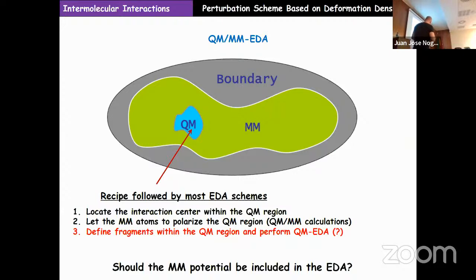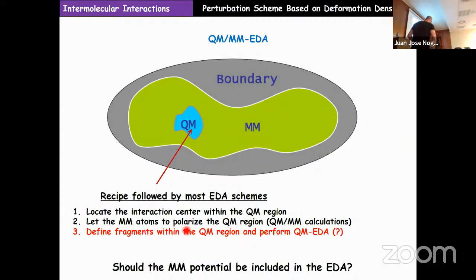The recipe followed in most of the schemes is that we locate the interaction center within the QM region. We let the MM atoms polarize the QM region, so we calculate the complex. For example, in our scheme, we calculate the density of the complex using a QM method, so I'm including the polarization of the QM region by the MM potential.